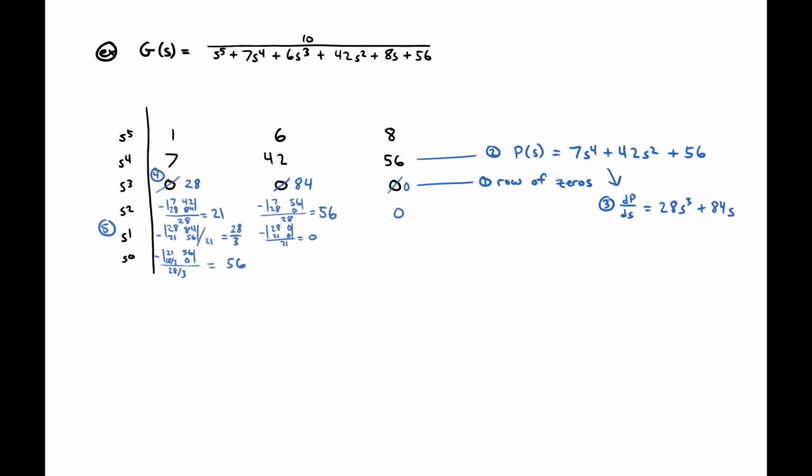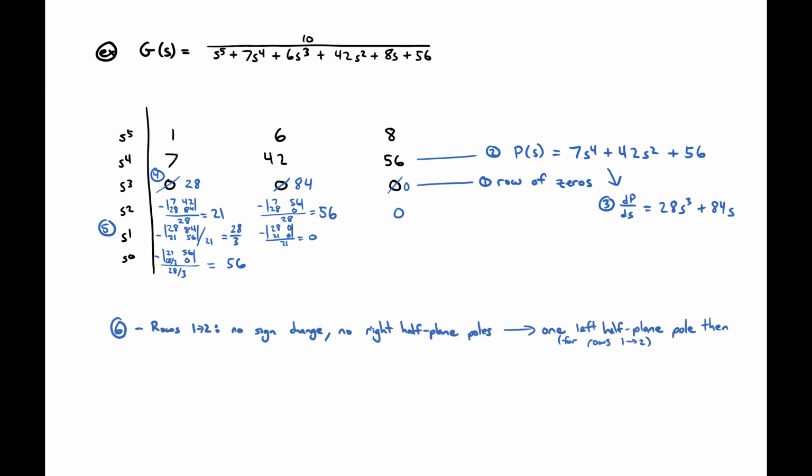We move forward as we normally would and crunch all the numbers for all these different things, and then we do our analysis. If we analyze rows 1 to 2, before we replaced our row of zeros, we have no sign changes, which means we have no right half plane poles. We need to have one left half plane pole then for the change from row 1 to 2.